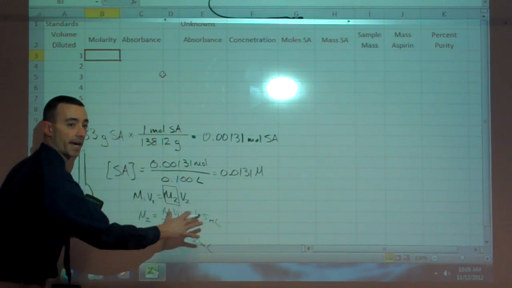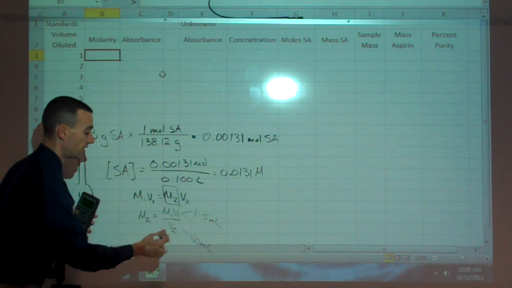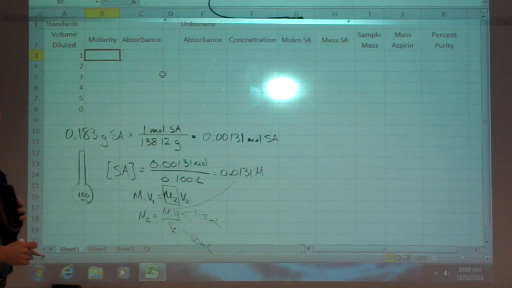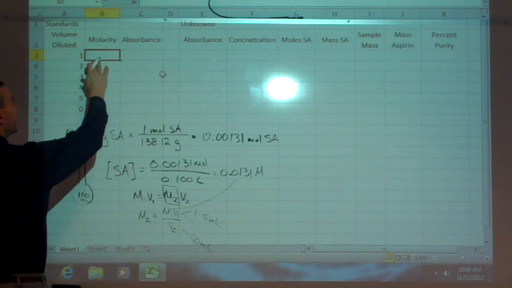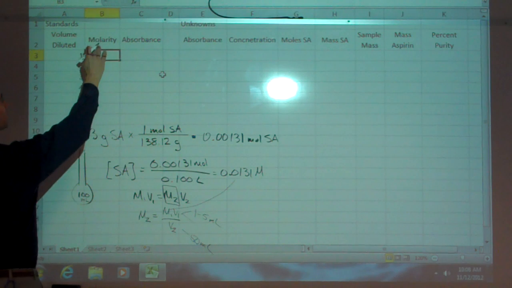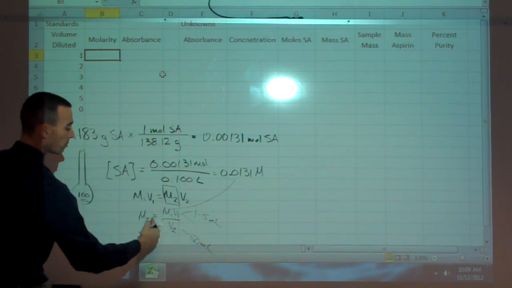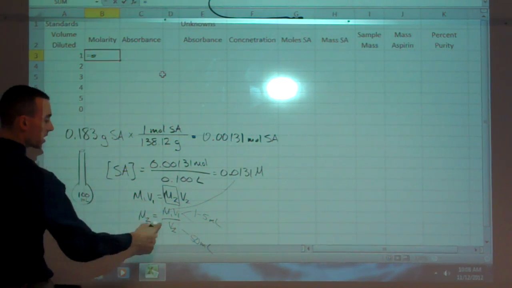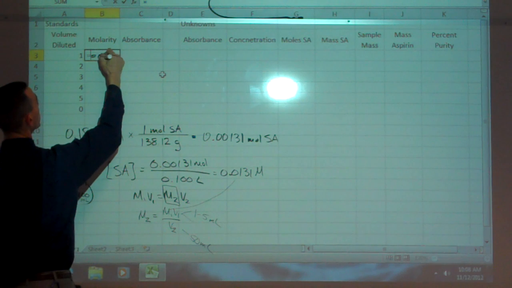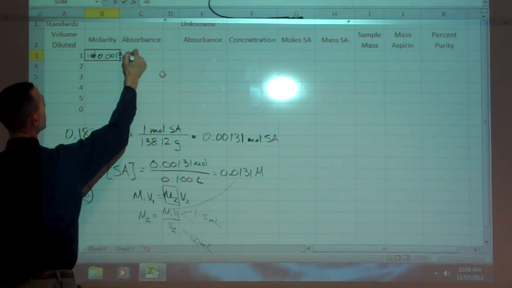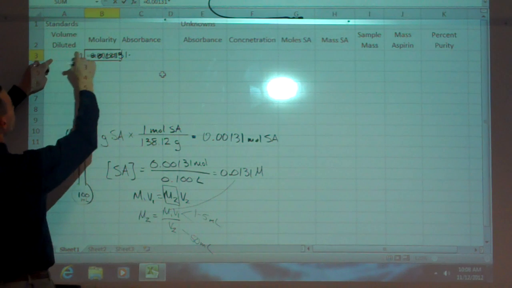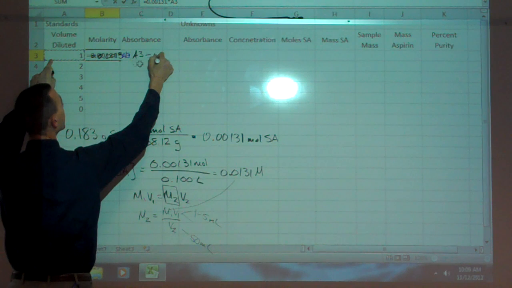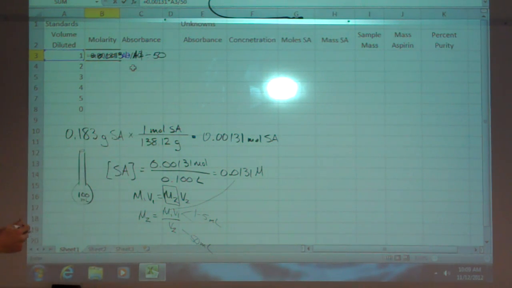It's this type of repetitive calculation, or a pattern, and M1, by the way, is the number that we just found, that's perfect for this portion of a spreadsheet. So in this cell in the spreadsheet where we want to find the molarity of our standard, we can simply build this formula. It would be equals the molarity that we have, 0.00131, times the initial volume, so that's going to be A3 in this case, divided by 50, the total volume.